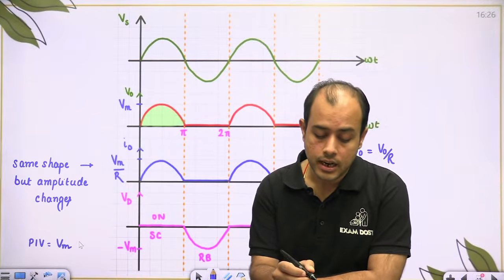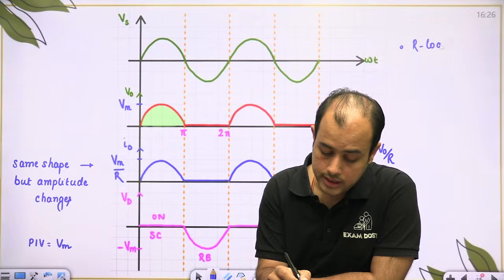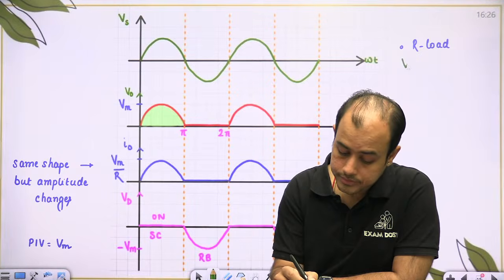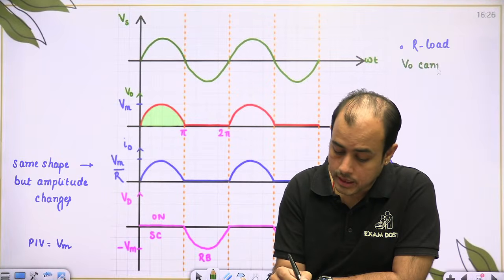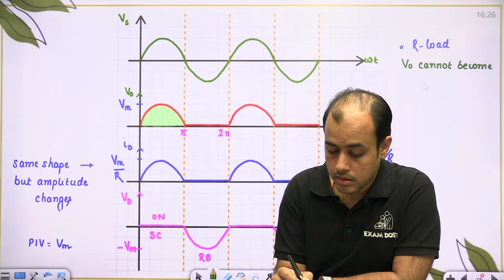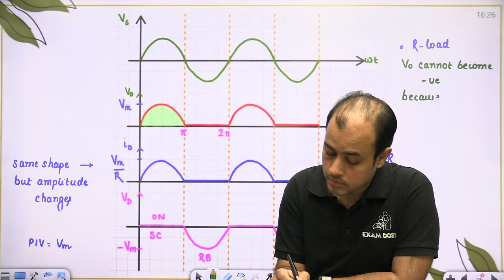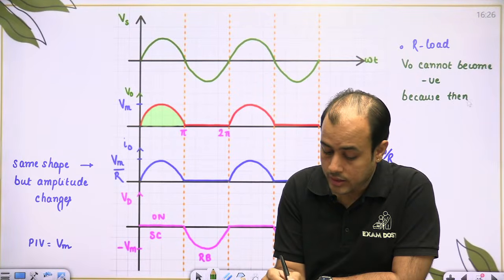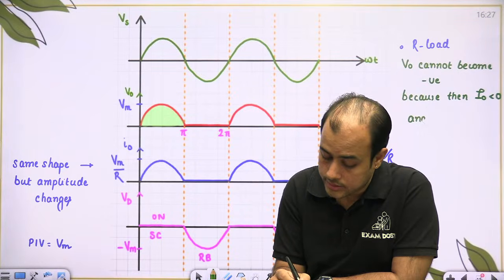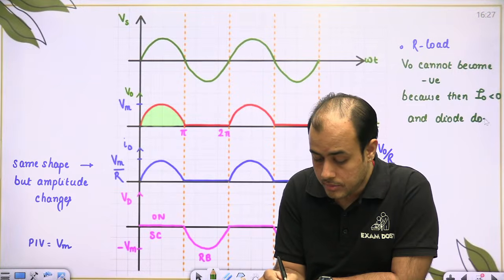So what did we learn about R load? For R load, we learnt that V naught cannot become negative, because then I naught will be negative and diode does not allow negative current. समझे?